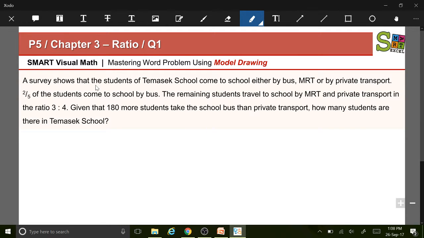Let's do this question, P5 ratio topic. A survey shows that the students of Temasek School come to school either by bus, MRT or private transport. 2/5 of the students come to school by bus, and the remaining students travel by MRT or private transport in the ratio of 3:5.